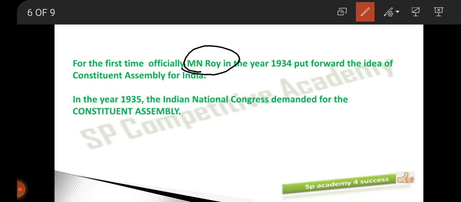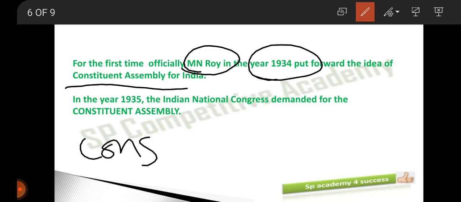Officially, the concept of the Constituent Assembly was put forward by M.N. Roy ji in 1934. Most of the students get confused here. The proposal for the constitution was officially put forward by Motilal Nehru ji. What about? About the constitution.